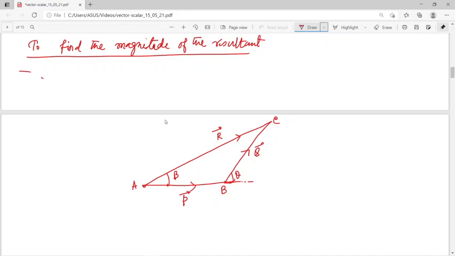From the point C we draw a perpendicular to AB, meeting AB at point E, and this is 90 degrees. The angle CBE is nothing but theta.